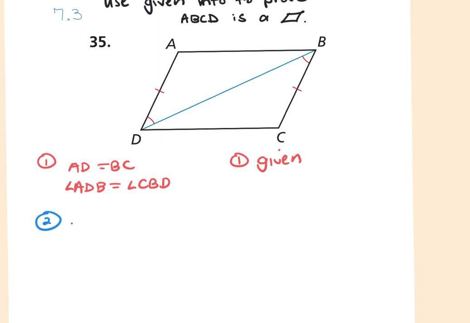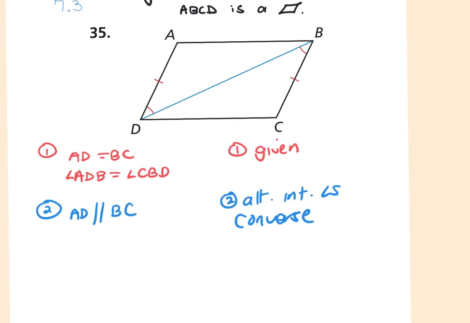And why? Good. Alternate interior angles converse. ABCD is a parallelogram. And my reason?